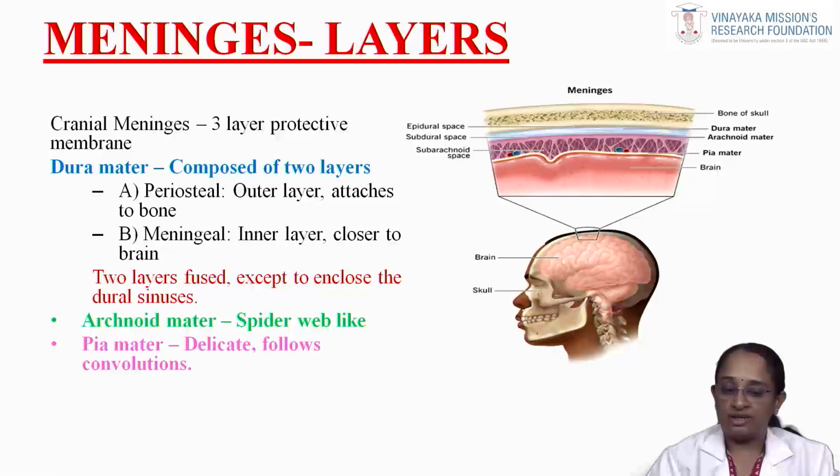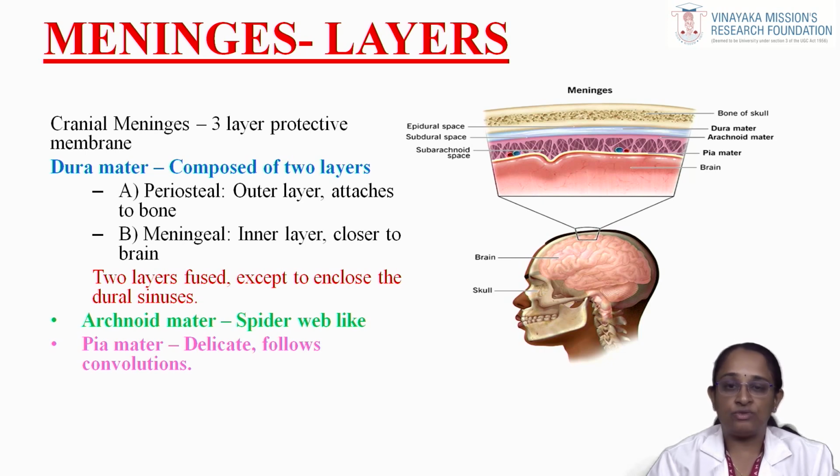Next, as we are medical students, we should not say only the coverings, that is dura mater, arachnoid mater or pia mater. You should know even more about these layers. The dura mater, as it is a layer, is again divided into two layers: the periosteal layer and the meningeal layer.